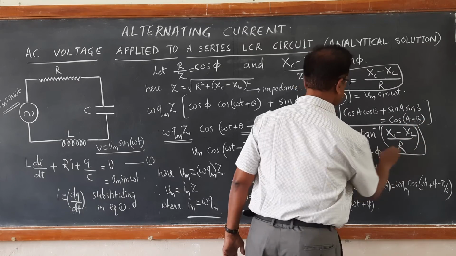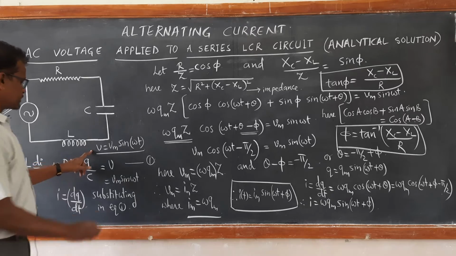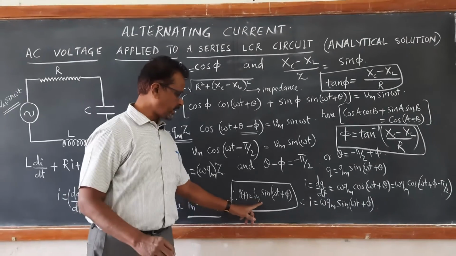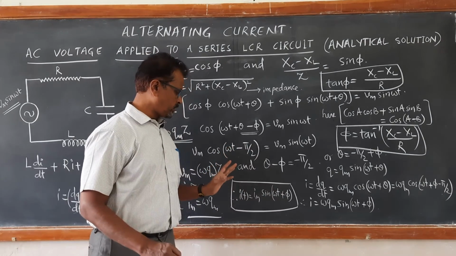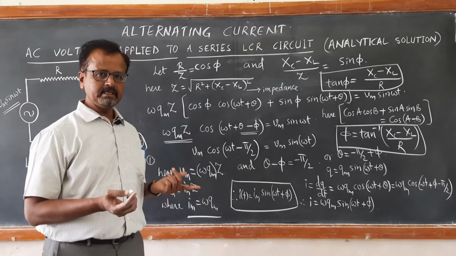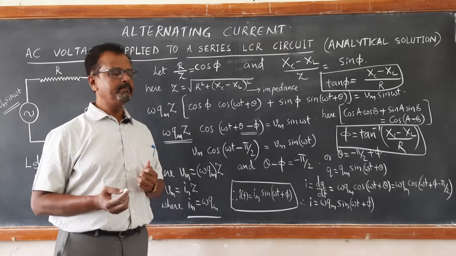So this is how we get the relation for current and voltage. And we know voltage is Vm sin omega t and current is Im sin(omega t plus phi). So here Im is also equal to Vm by Z, where Vm is the peak value of voltage and Z is the impedance.